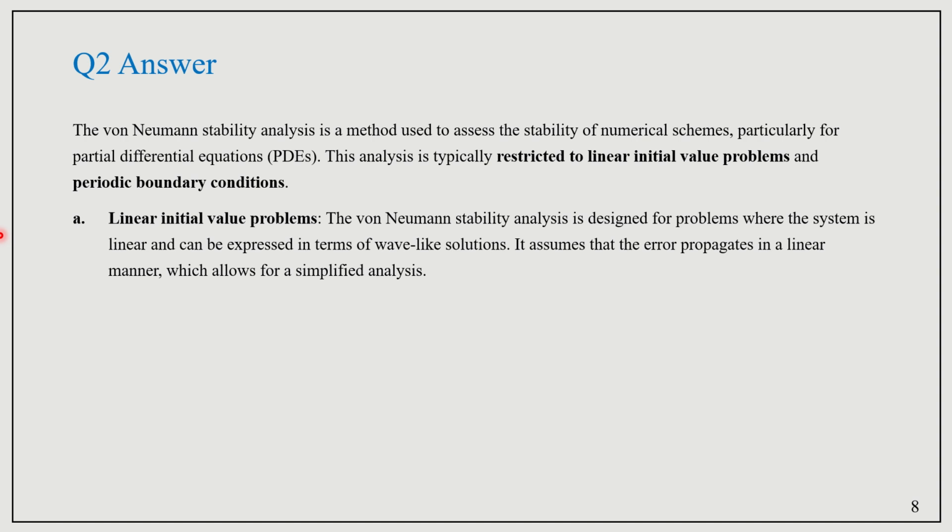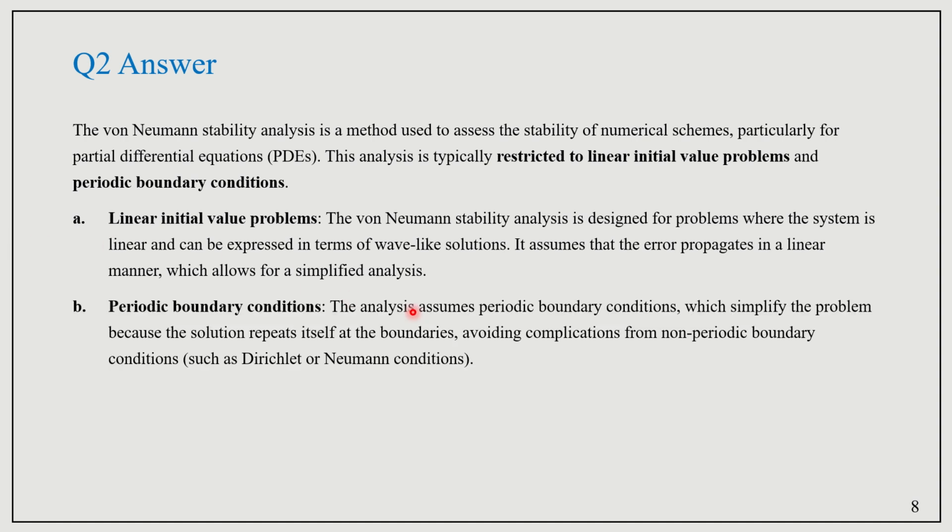So with one criterion we can't analyze the stability for all the systems that we are using. It is one of the methods, and it is used for linear initial value problems and periodic boundary conditions. This analysis assumes periodic boundary conditions, which again simplifies the problem because the solution itself repeats at the boundaries.